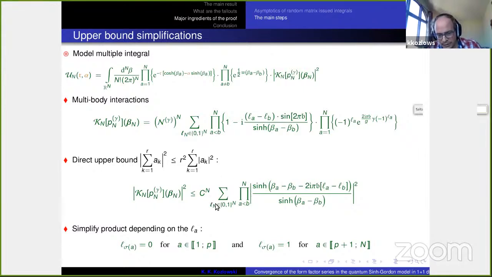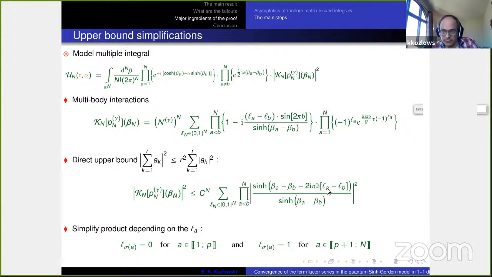And then you sum over these choices of integers L between 0 and 1 of something that couples two variables, beta A minus beta B, depending on the difference LA minus LB. Now, LA and LB are integers which are either equal to 0 or to 1. So if you want a non-trivial coupling between the two, you need to be in the situation where LA is 1 and LB is 0, or LA is 0 and LB is 1.